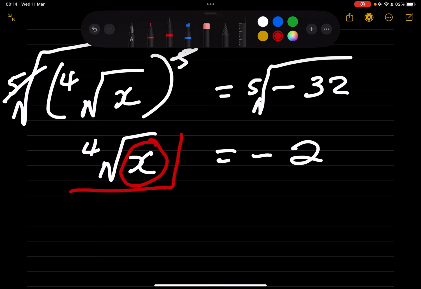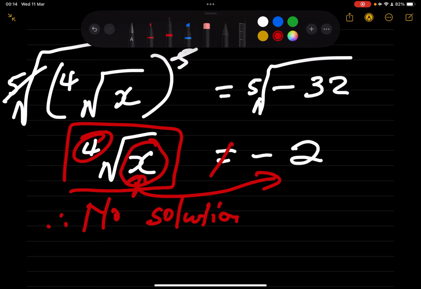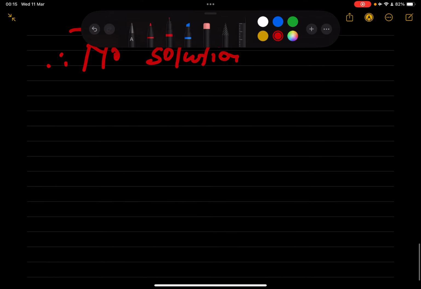So the output, this side, no matter what the x value is, cannot be negative. So that's not true. Therefore, we're going to have no solution. An even root cannot output a negative. It's an odd root that can output a negative, but an even root cannot. Let's go to question 7.